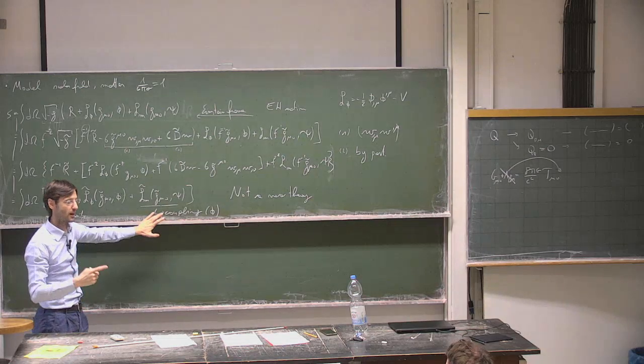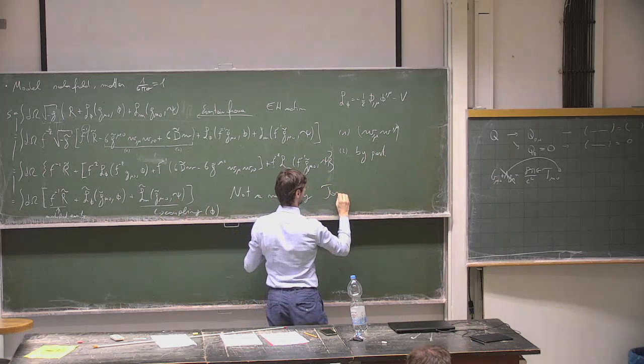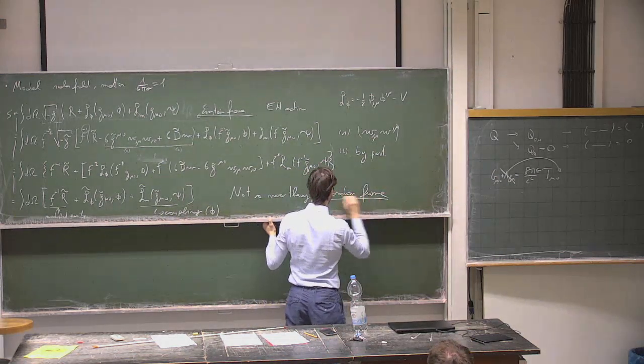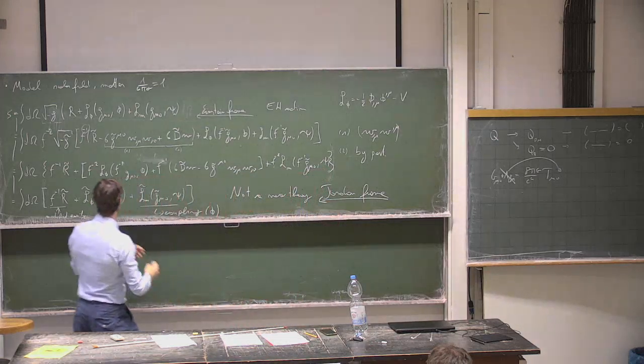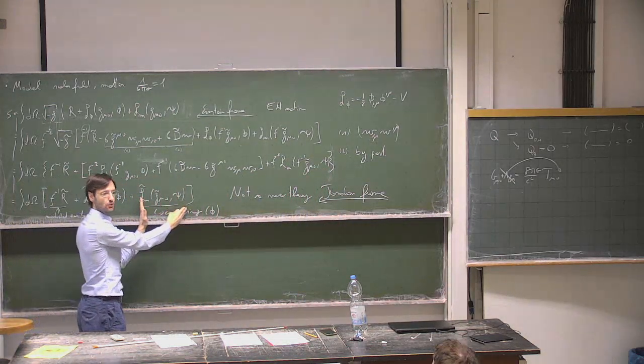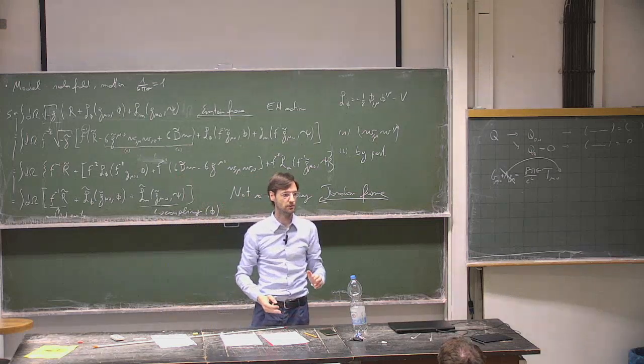Okay? Therefore, I can, in this frame, which is called the Jordan frame, I'm dealing with a modification of gravity, but I can get rid of coupling terms. And this might simplify my life. Okay? Is it clear?